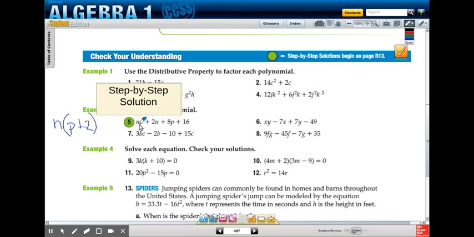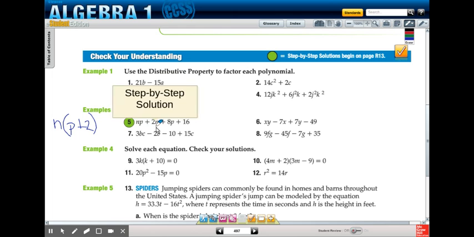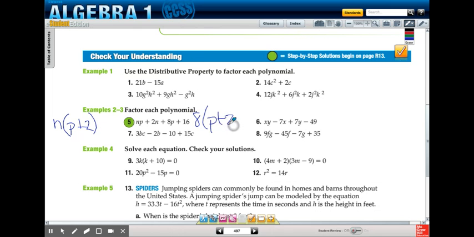Over there. Oh, cool. Step-by-step solutions. How nice. I factor out the n there and the n out of there. So all you have left is the p plus the 2. On the other one, it looks like there's an 8 in both. So I know that would be 8 times, and I think there's going to be a p left in the front, and then plus 2.